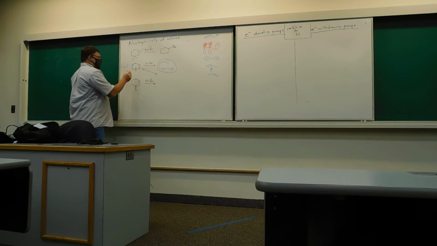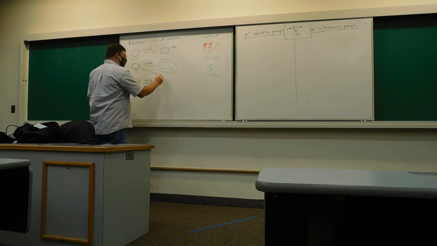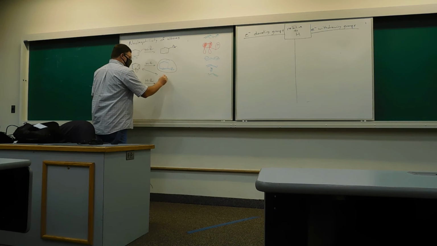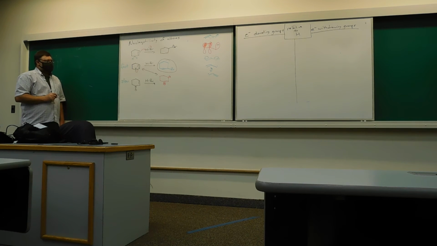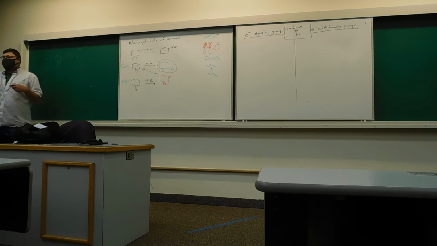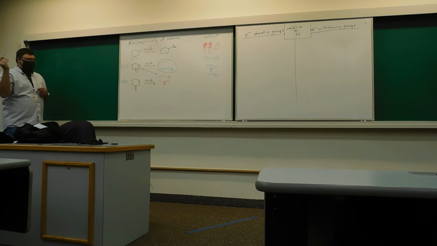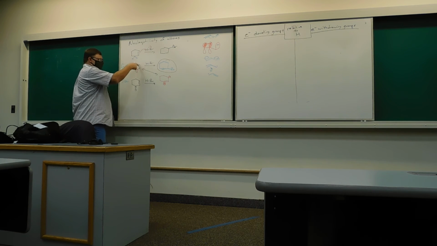If we show the arrows here, the lone pair pushes electrons in there, and we end up with a resonance structure that looks like that. That's a real resonance structure for that starting alkene. And when you look at that, you've got more electron density in the alkene.